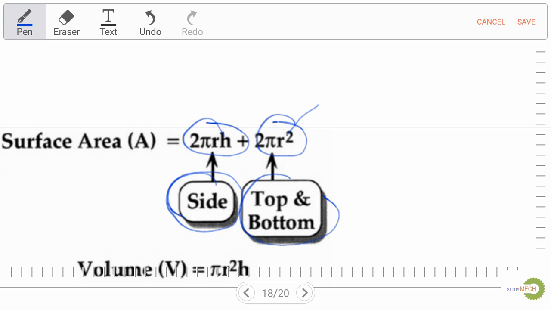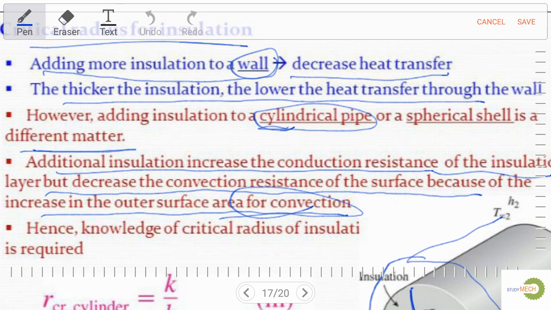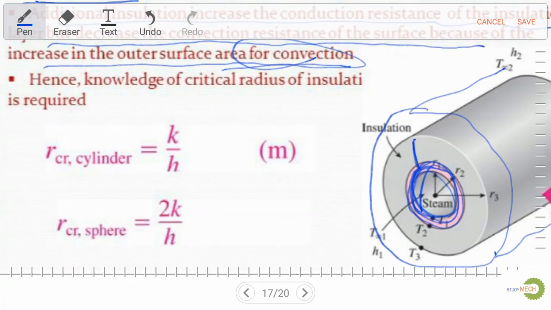Now if I increase r, then my surface area will also increase. So heat transfer for critical radius of insulation is a different matter in a wall and in a cylindrical pipe. In both cases there is a different story.